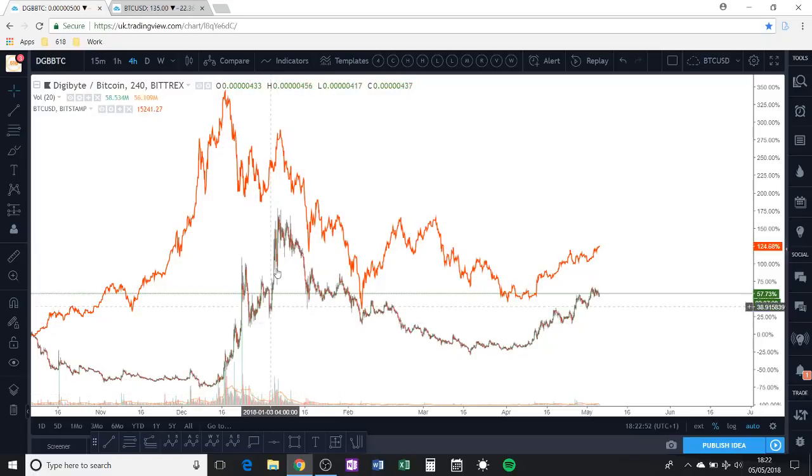As you can see, Digibyte came up here, and then since then it's come down, as with Bitcoin, the orange line. And there is generally a positive correlation. Here you can see they're both going up together, so they've come down together. Obviously there was a bit of a lag with Bitcoin still coming down whilst Digibyte is still making a move up here. But now you can see there's a positive correlation in the price relationship.